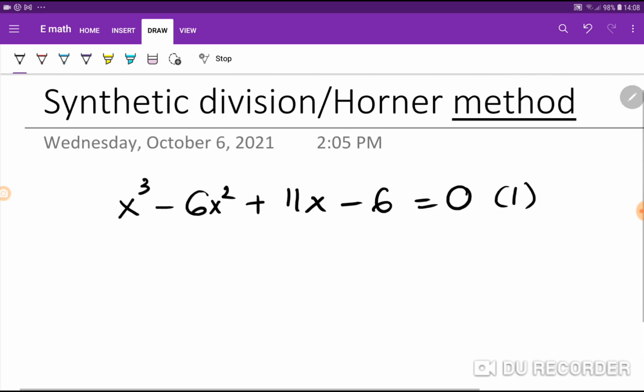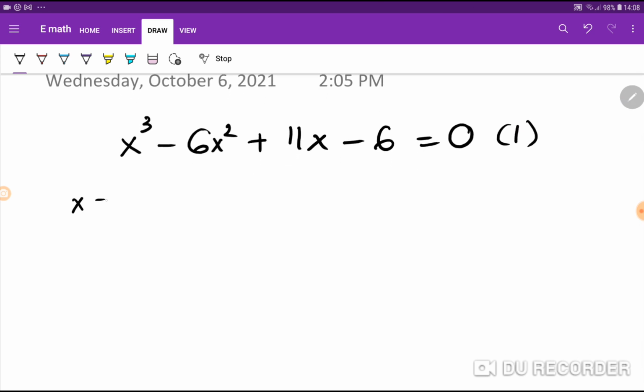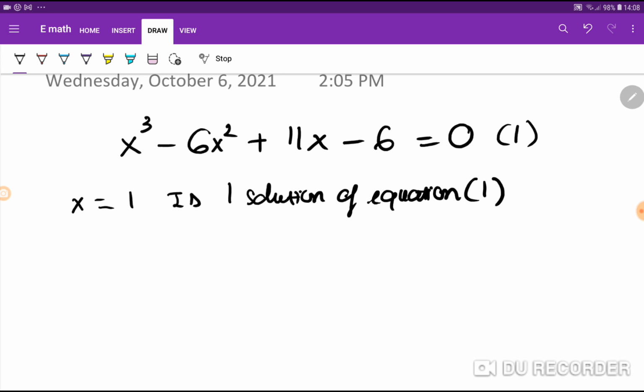And you know that x equals 1 is one solution of equation 1. How would you find the rest? What I mean is, if x equals 1 is one solution of equation 1, it means that you will turn your equation 1 into this, right?